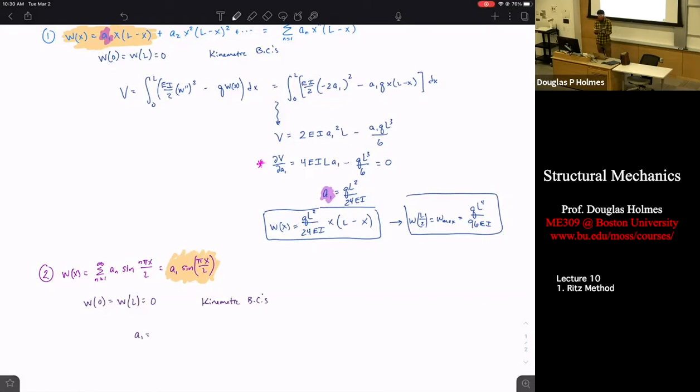The procedure is the same. Insert W into this. A1, perfect. So we got 4, pi to the 5th.